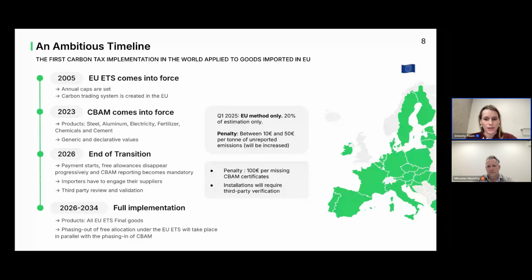The full implementation is expected by 2030 to 2034. So CBAM will expand to all EU ETS final goods, which is a bit concerning, with the phased removal of free allocation running parallel to CBAM's broader application.